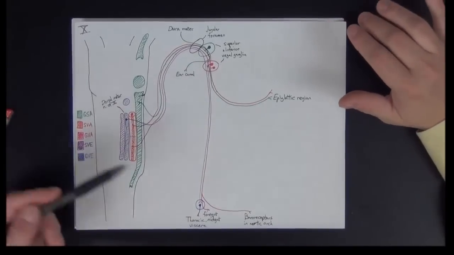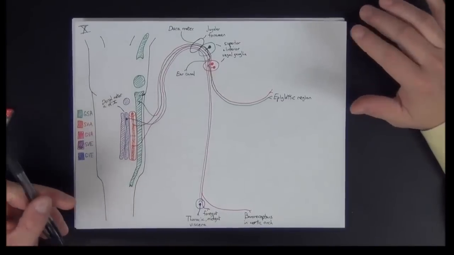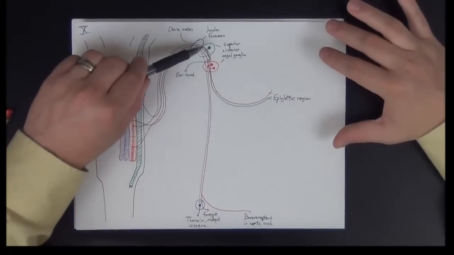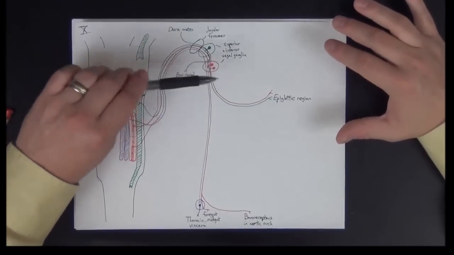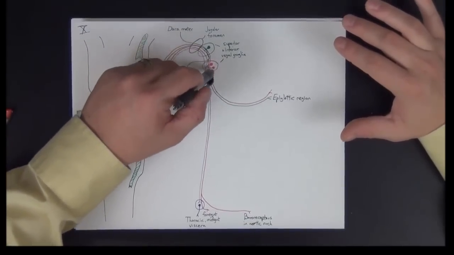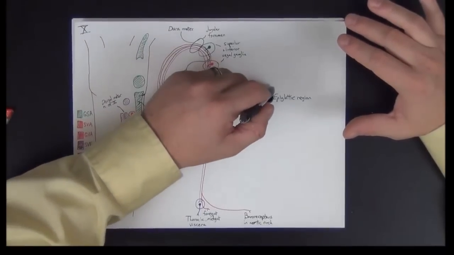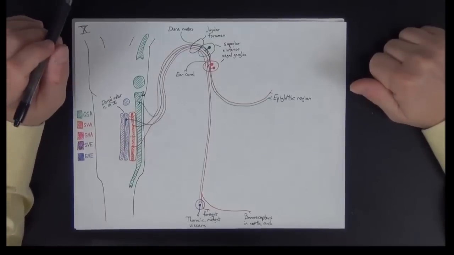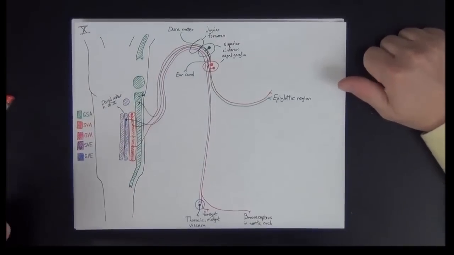So trigeminal ganglion in 5, the sensory ganglion related to 7, the geniculate ganglion, and then superior and inferior glossopharyngeal and vagal ganglia contain sensory nerve cell bodies and send axons out peripherally and back centrally. I think we beat that to death, but it's the last time you get to hear it, so enjoy that.